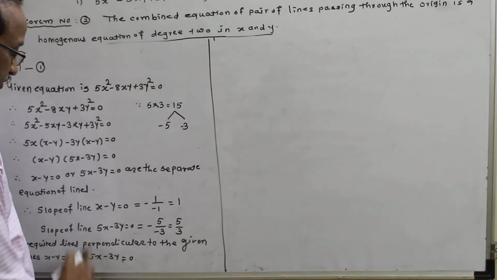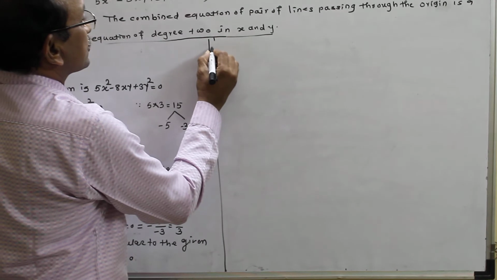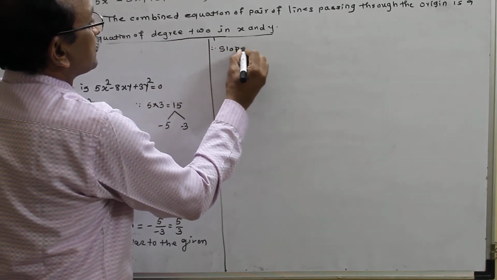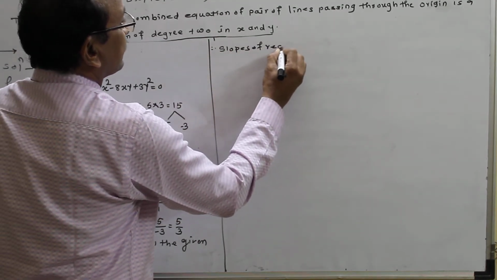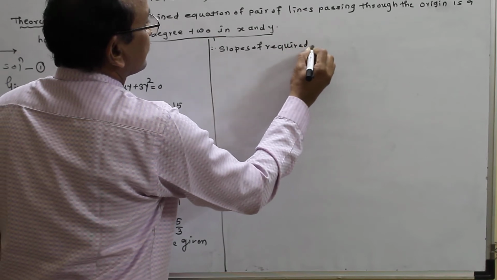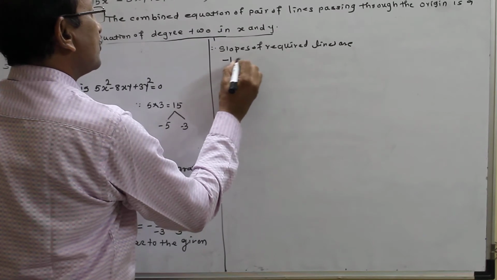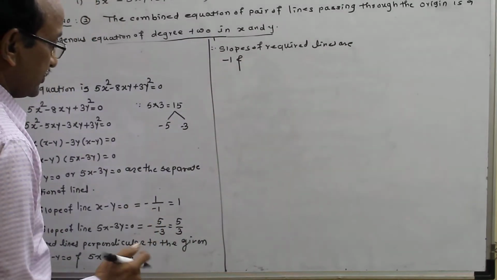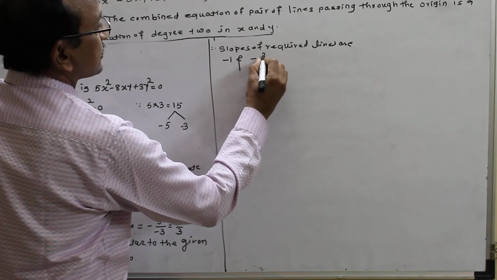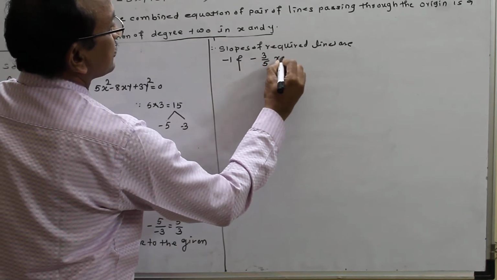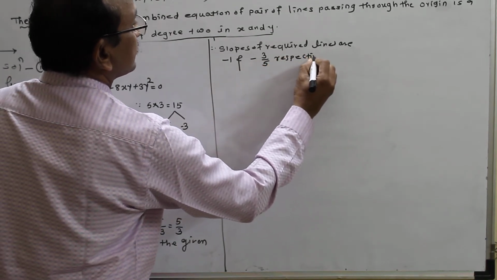Now find the slopes of the required lines. Therefore the slopes of the required lines are minus 1 and minus 3 by 5 respectively.